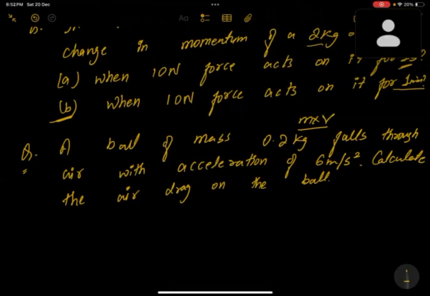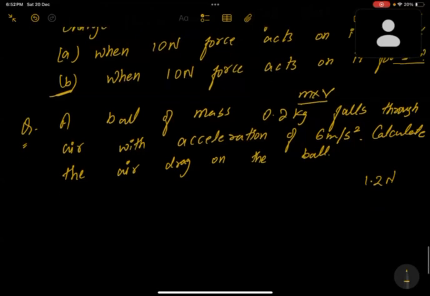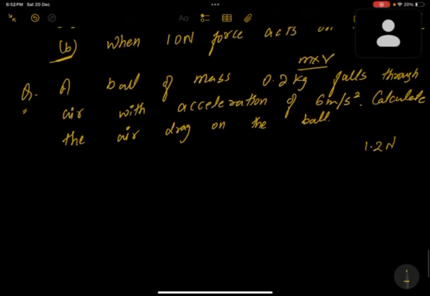Then force is equal to 1.2 Newton, ma'am. The air drag on the ball, you are saying 1.2 Newton. Okay, I'm solving it. Then you see and tell me whether you solved it right or wrong.